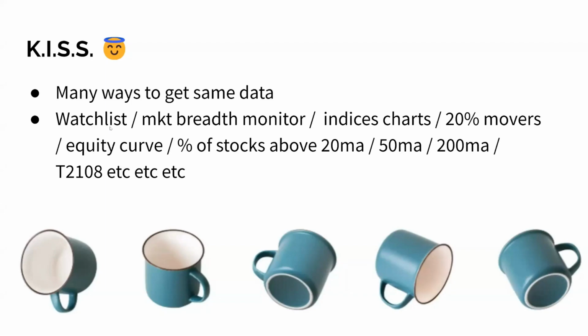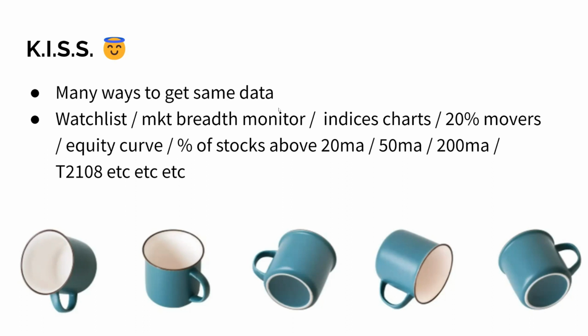So whether you use your watch list or you use the market breadth monitor or you use the indices charts or you do a 20% mover study or you're looking at your own equity curve or you're looking at some sort of indicator like percentage of stocks above the 20 MA or 50 MA or 200 MA or inbuilt indicators like T2108 on TC2000, etc. All of these, if you're using them and interpreting them correctly, are going to give you the same conclusions.